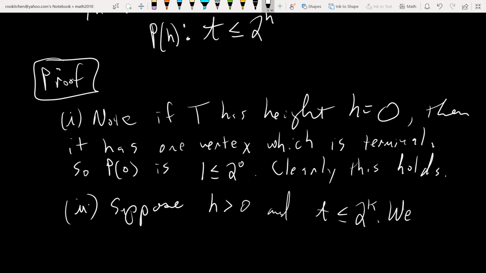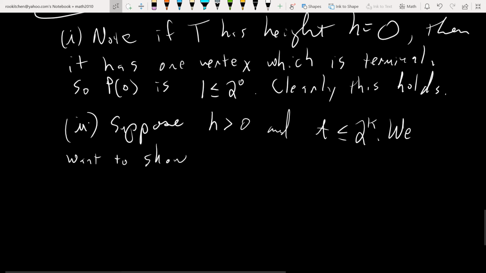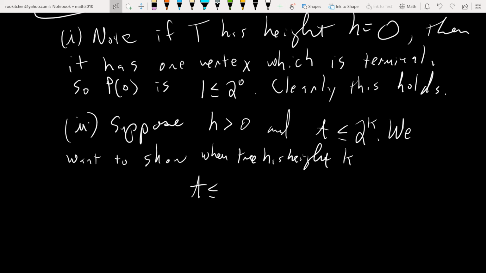We want to show that when you have a tree that has height h plus 1, or in this case k plus 1, the number of terminal vertices T is less than or equal to 2 to the k plus 1.